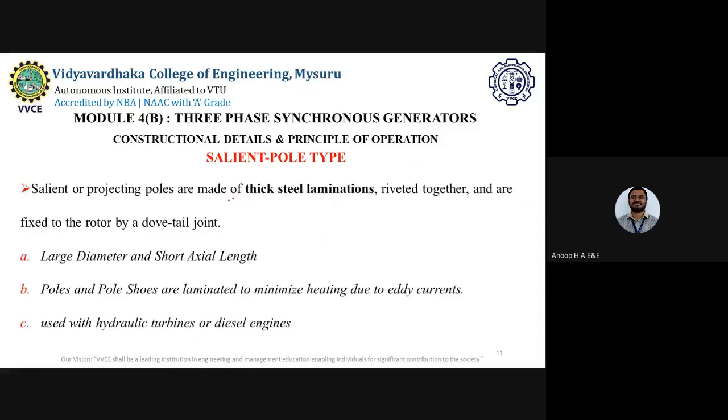Now, the construction aspects: once I call it a salient pole type, or what did I tell you right now, it is projecting, or we call it the projecting pole rotor type construction. It is also called a salient pole type. It is made up of thick steel laminations which are riveted together, and it is fixed by a dovetail joint.